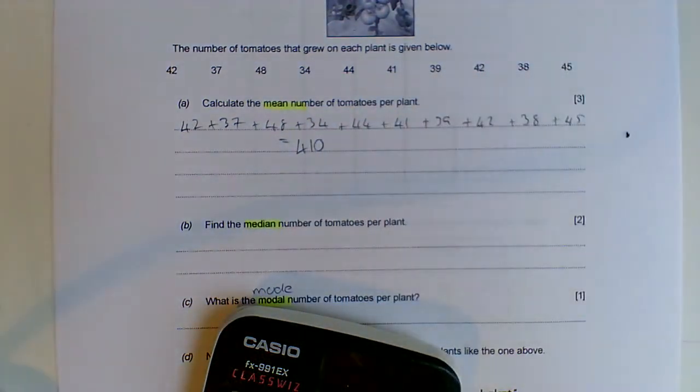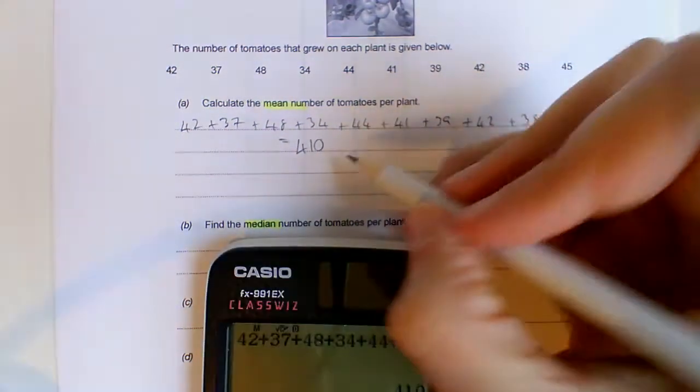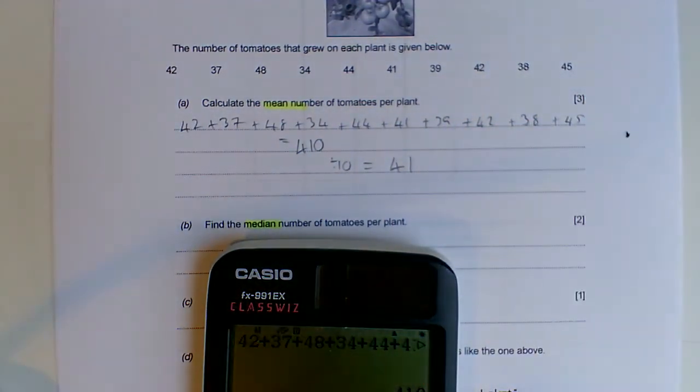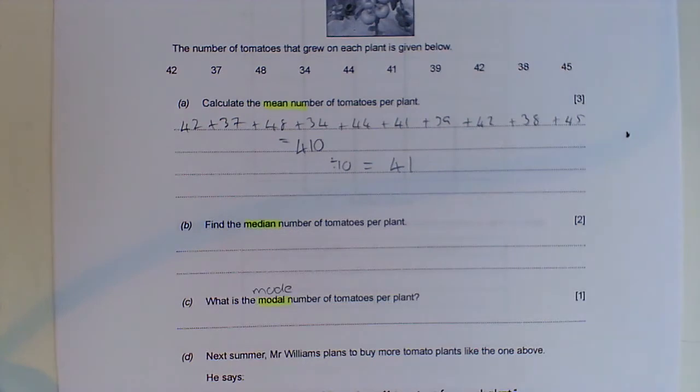Okay, there were 10 plants, so we now divide that by 10, and that gives me 41 as my mean average.